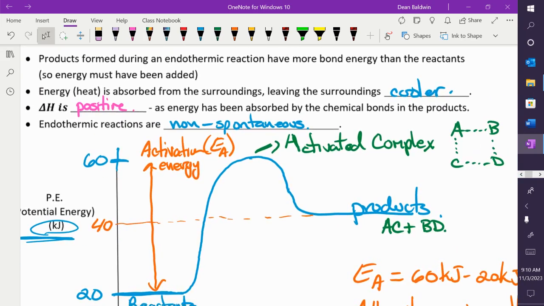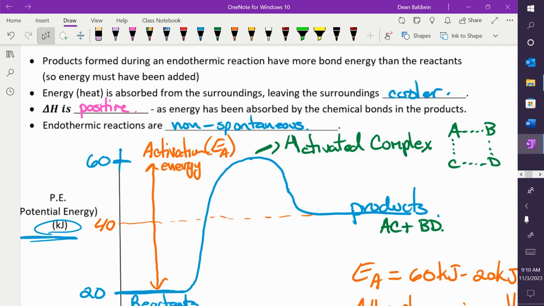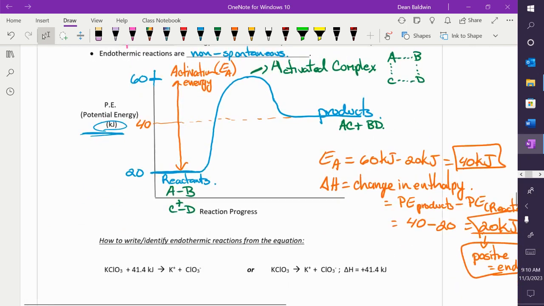We say that endothermic reactions are non-spontaneous because you're adding energy to get them to move. Are there any questions about the diagram? How to recognize an endothermic reaction? Basically, if the products end at a higher spot than the reactants, you know it's endothermic.